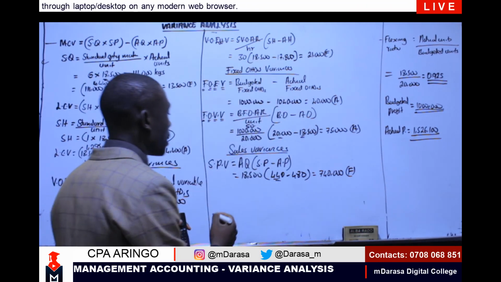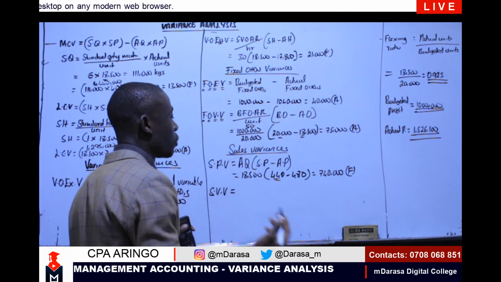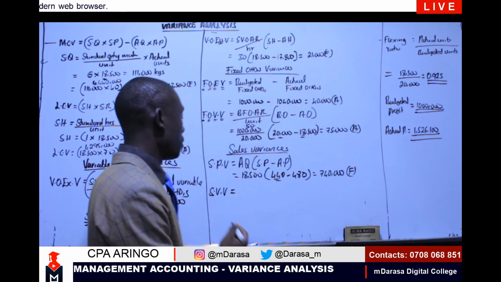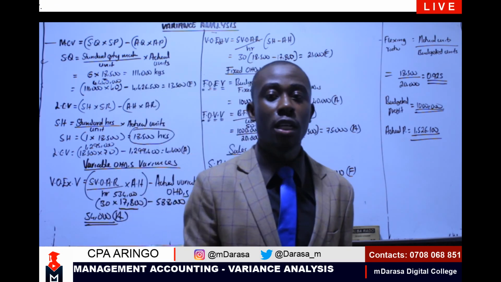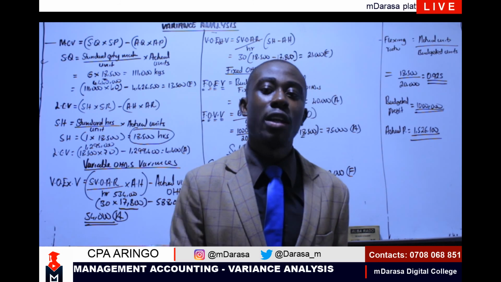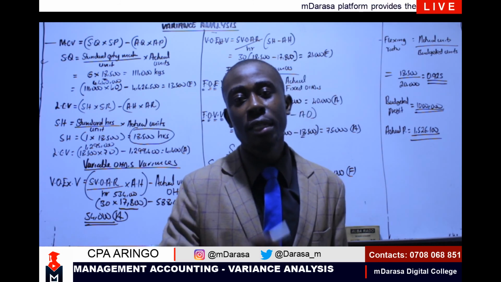After we've talked of that, another variance that we'll be talking about is sales volume variance. And we know very well that whenever I'll be talking of our volume variance, keyword being volume, I'll be looking at the difference between our budgeted sales units and our actual sales units. All these valued at what? Valued at the standard profit per unit. Understand it well.